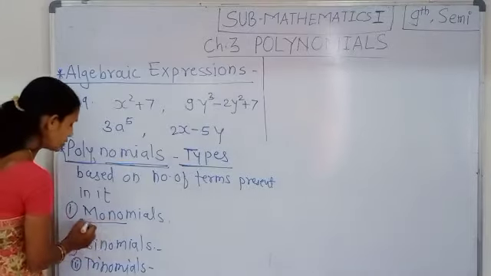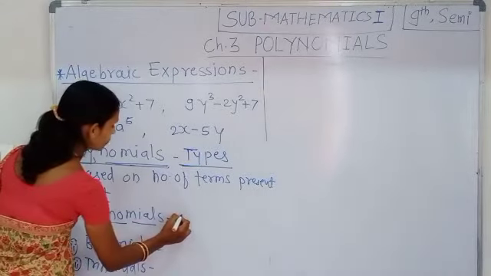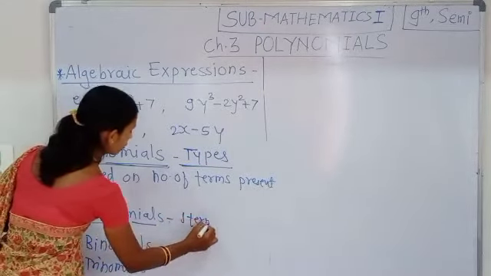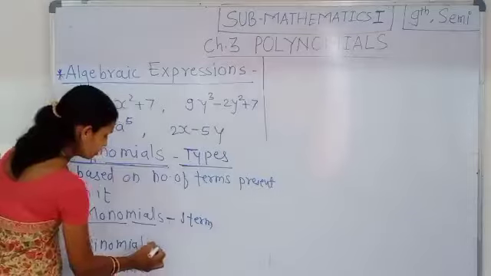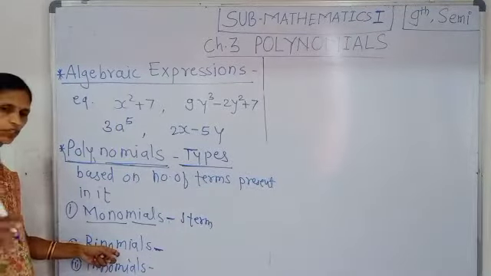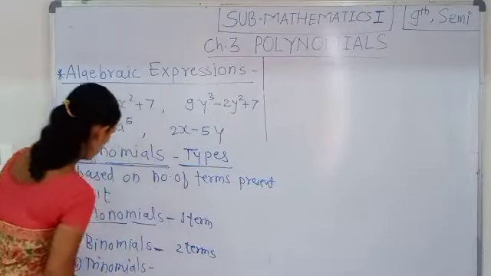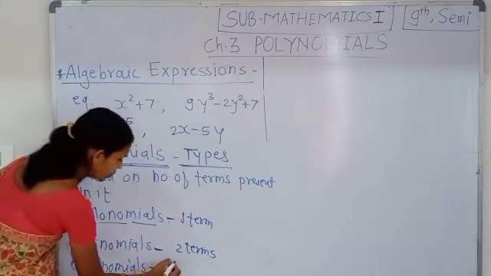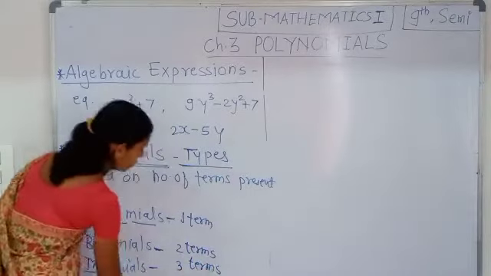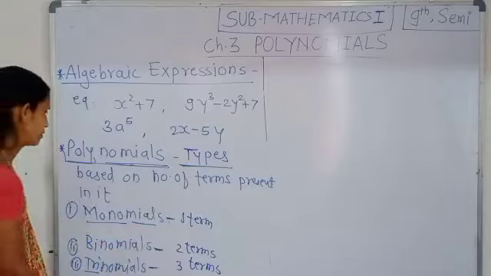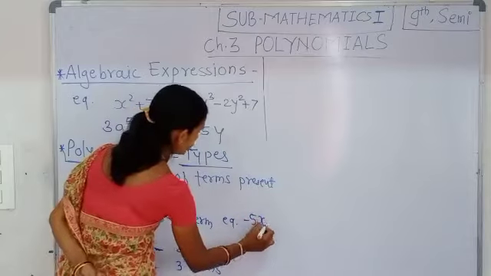Monomials: mono means one. A monomial is a polynomial in which only one term is there. A binomial is a polynomial in which two terms are there. And trinomials, tri means three, are polynomials in which three terms are there. Monomials, for example, see here, minus 5x.